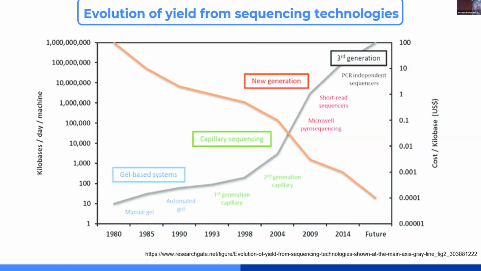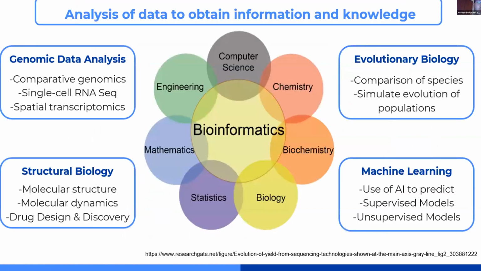So now we need the necessary technology, the necessary tool, to analyze this information. Here is where bioinformatics arises from, which is basically the analysis of data so as to obtain information and knowledge.